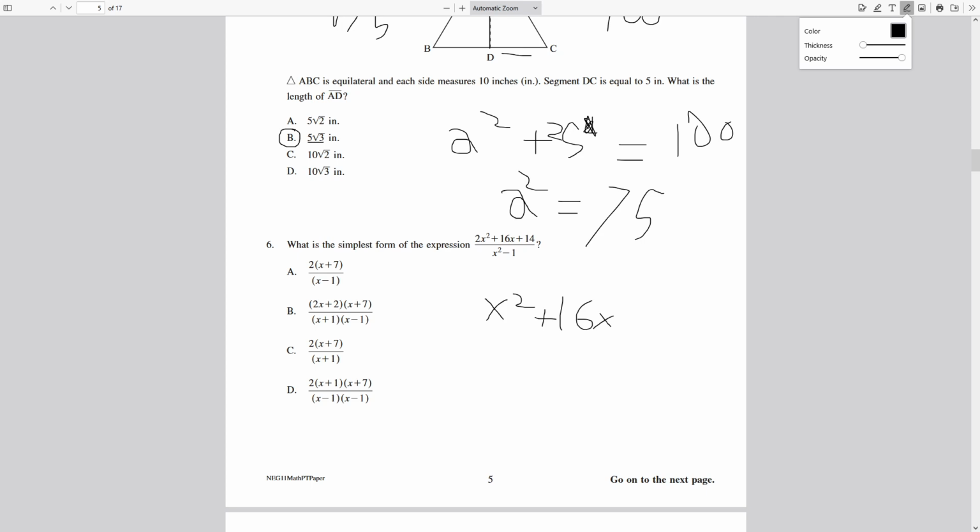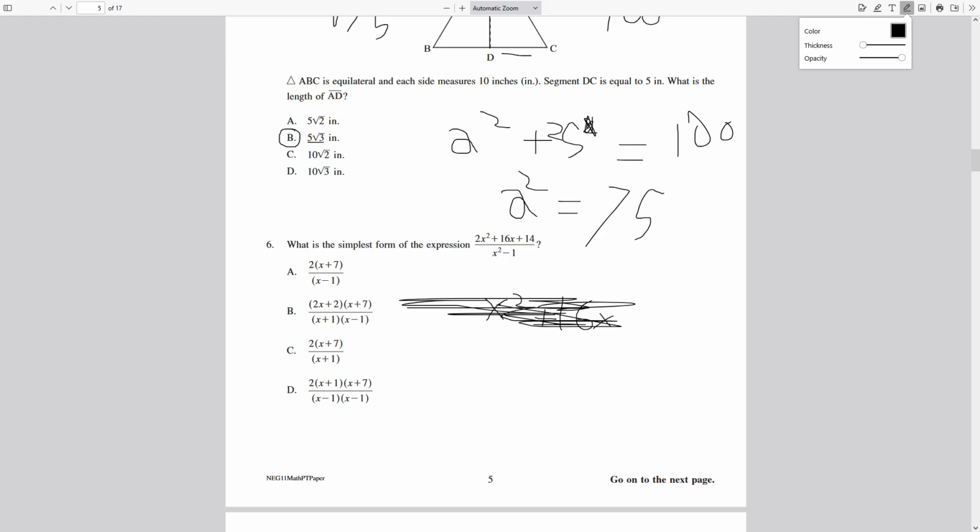Divide by -1? No, that's not it. Am I crazy? Yeah, I am crazy. I thought I had this. Oh no. Maybe I'm just doing this all backwards. In fact, I definitely am.